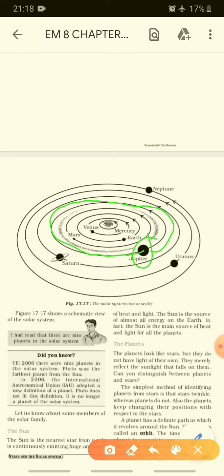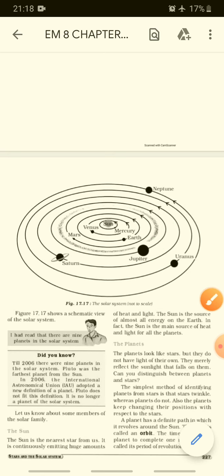So what is this known as? This is known as the orbit. So it revolves around the sun. Every planet has its own orbit. This path is known as orbit.